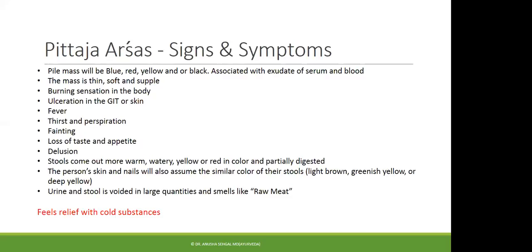There tends to be an association of burning sensation in the body. This is, again, an example of the Osha Plosha, where in Pittaja Arśas, they feel like there's hot fumes circulating all over the body. So Osha Plosha is a good example of the burning sensation the person feels in the Pittaja type of Arśas.